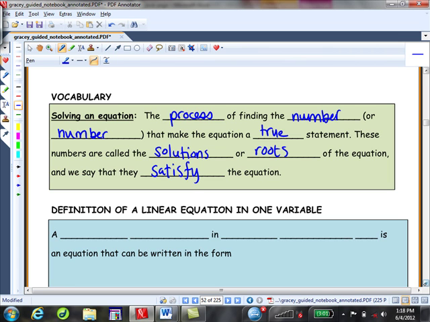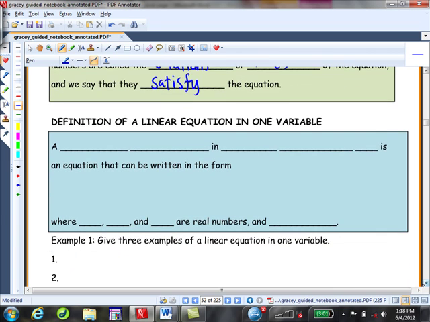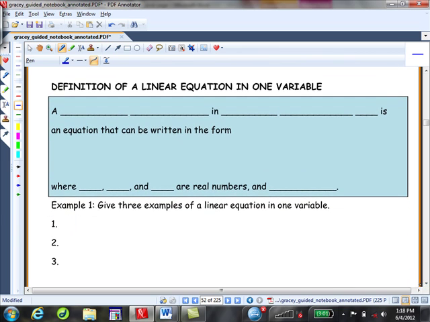So now we come to another definition here, a definition of a linear equation in one variable. So a linear equation in one variable, and often we use x, it's first, to get you broken in, is an equation that can be written in the form a times x plus b is equal to c.